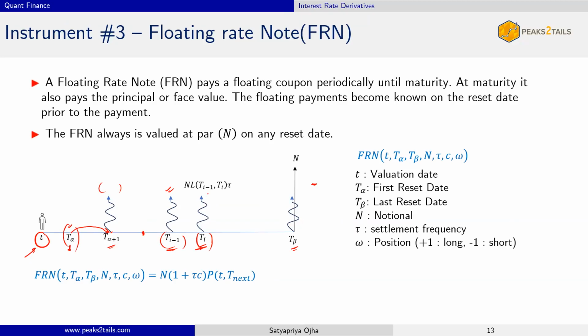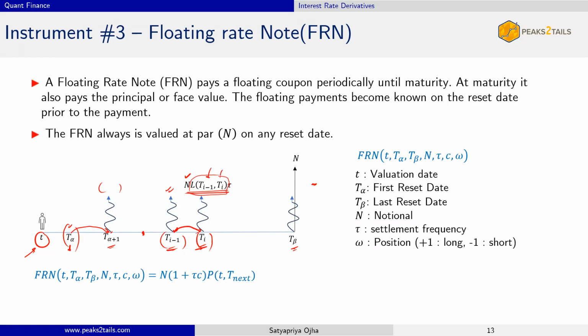The coupon payment that you will get at Ti would be decided at Ti minus 1. How much will that be? It is the notional N times the simply compounded floating rate. The floating rate becomes fixed because it is from Ti minus 1 to Ti.